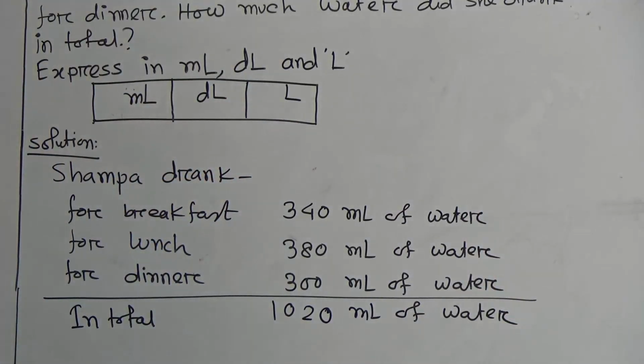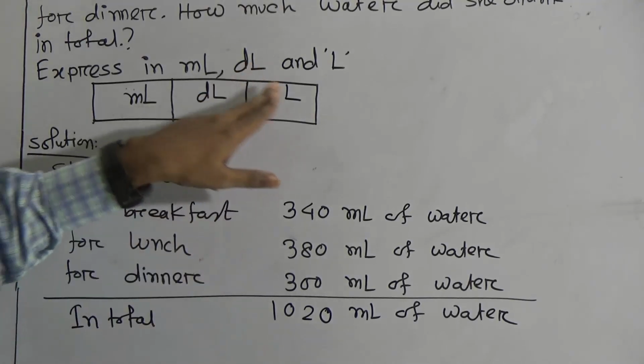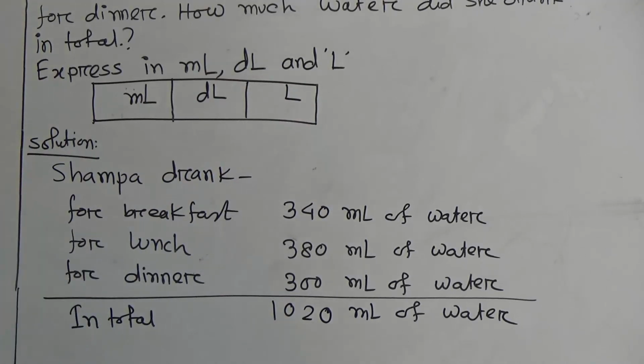That means 1020 milliliter of water she drank in total. Okay, but our question is what? Express in milliliter, deciliter and liter. Student, ml means milliliter, dl means deciliter and L means liter.